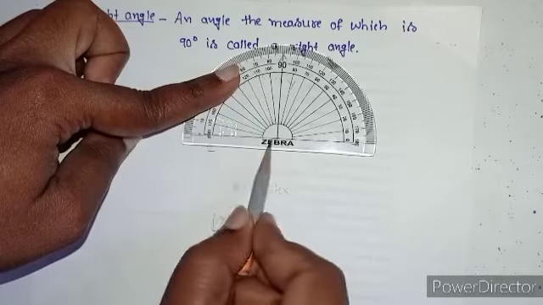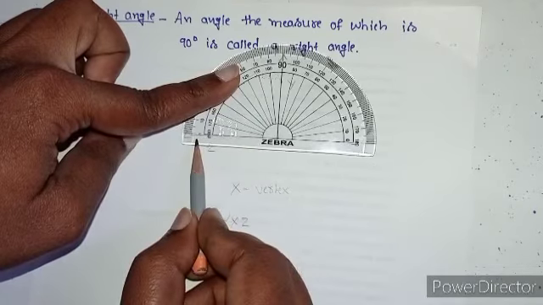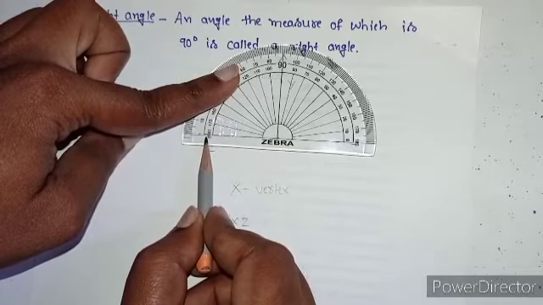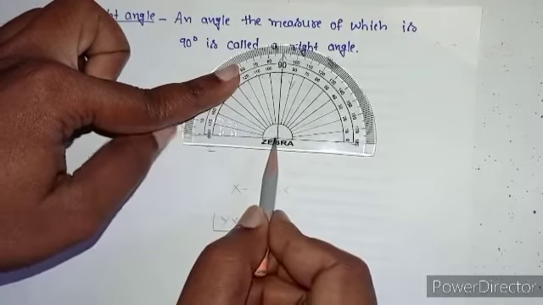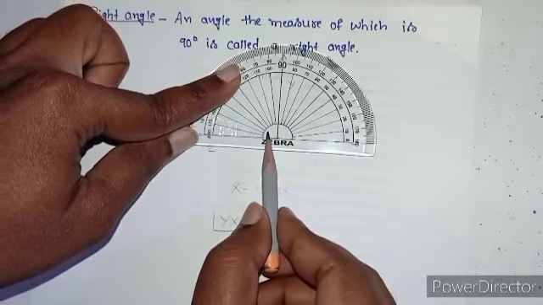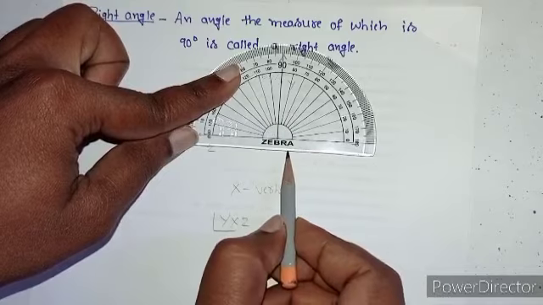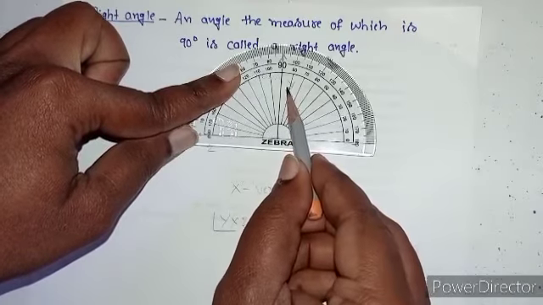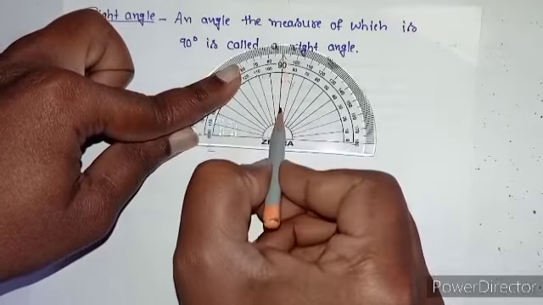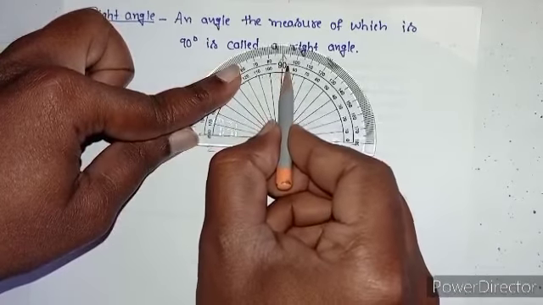This is the base arm, and it points to 0 degree here. Next we need to read the measure of the angle where the other arm, XY, crosses the scale. It crosses 90 degree here.